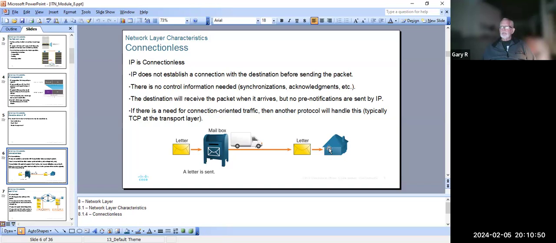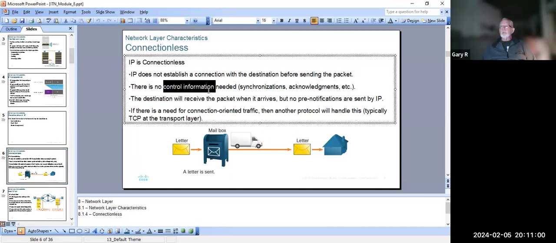And what it means is you haven't talked to the other side first before sending. There generally is also no control information. In other words, there are not going to be acknowledgments coming back and other aspects of controlling the flow of this information. Okay.